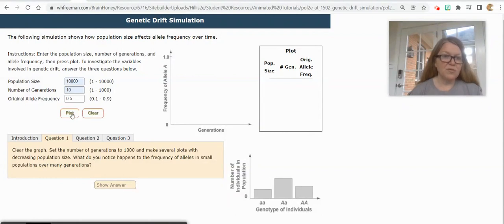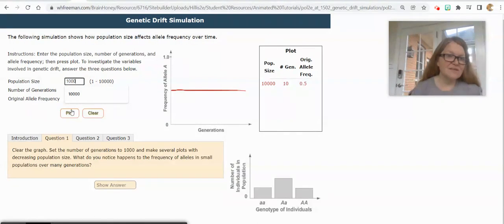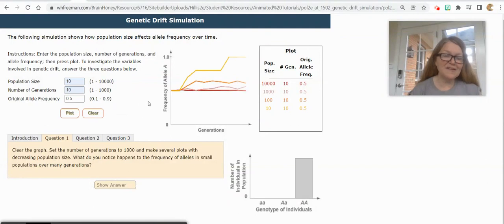So we'll plot, and then let's take a 0 off, and we'll plot again, and take a 0 off, and plot again. We'll take a 0 off, plot again. As we decrease the population size, the frequency of alleles just kind of goes haywire.